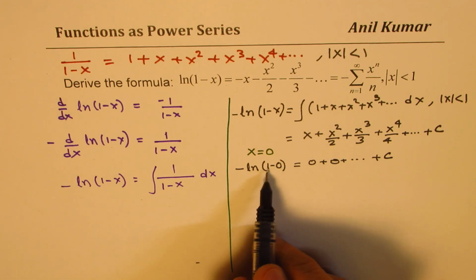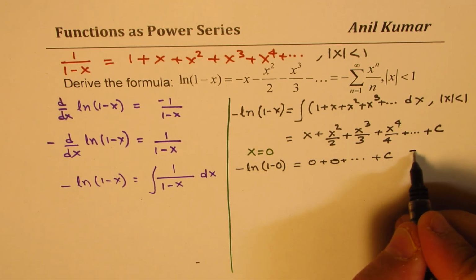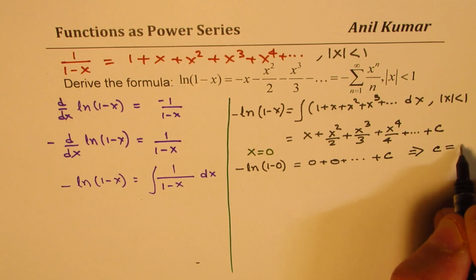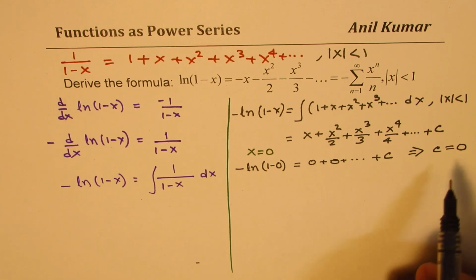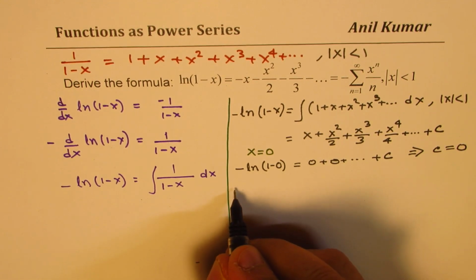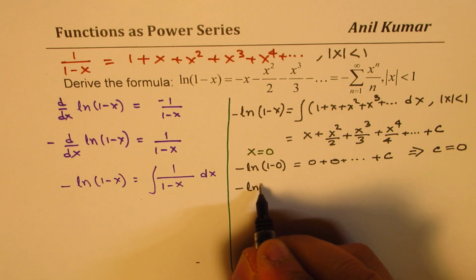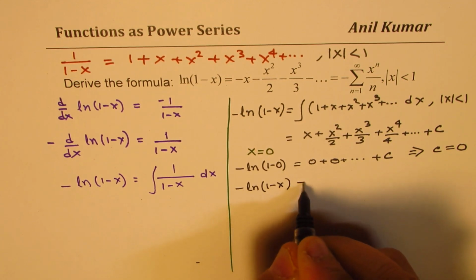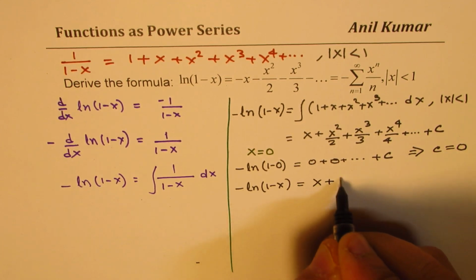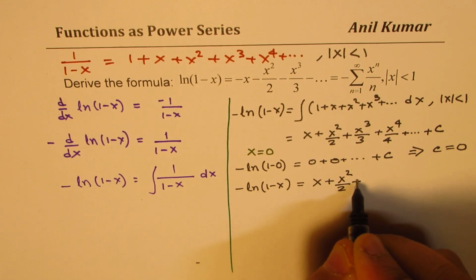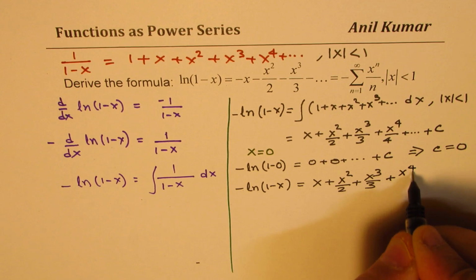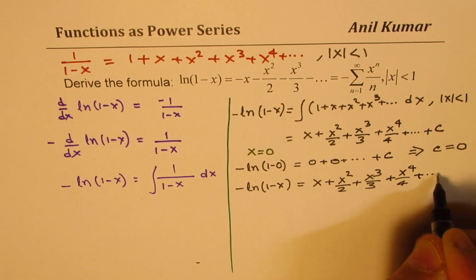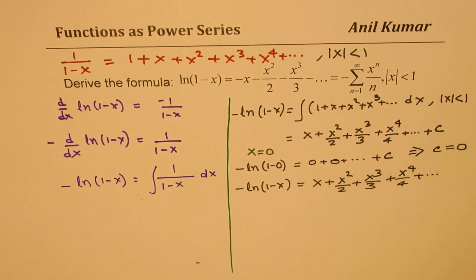And what is ln 1? ln 1 is also 0, because ln is log to the base e. So that gives us c equals 0, and therefore now I can write minus ln(1 minus x) is x plus x squared over 2 plus x cubed over 3 plus x to the power of 4 over 4 and so on. c is 0 now for us.